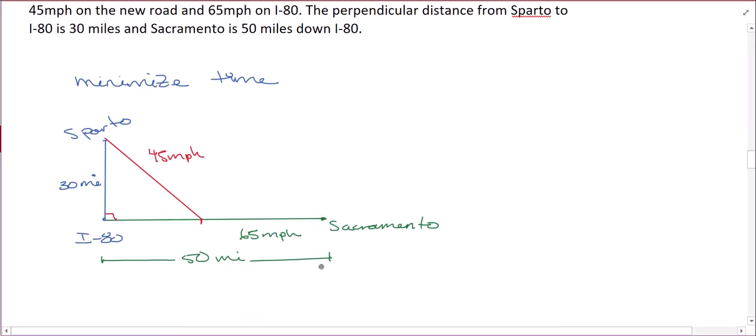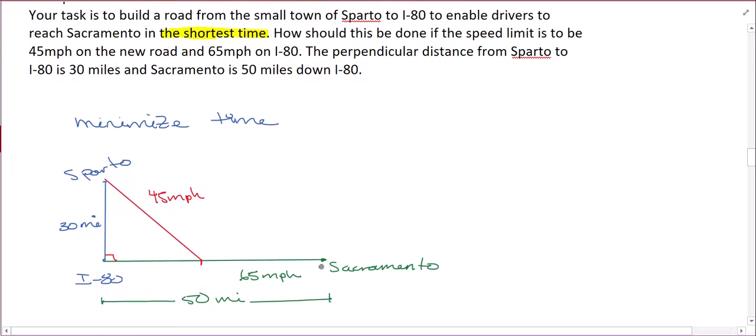So let's put in what we know. We want to minimize travel time, so let me add that in here. We want to minimize travel time from Sparto to Sacramento. That means this is going to be time on the new road plus time on I-80.